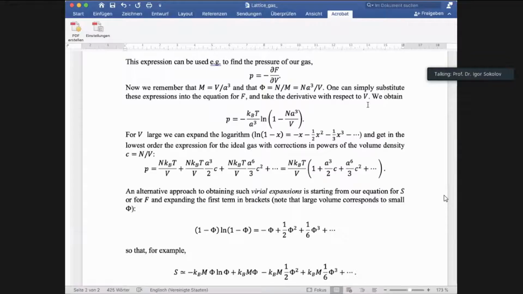Now I can do the following thing. How does the thing look like? It looks very simple. First, let me expand this logarithm, taking the volume large, which means the concentration small.